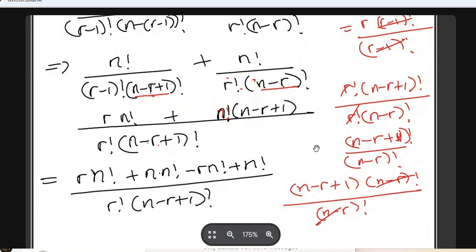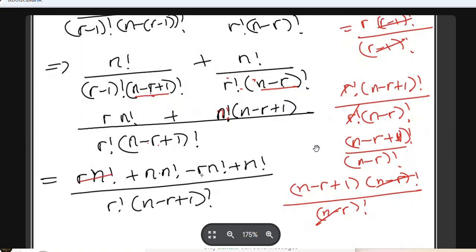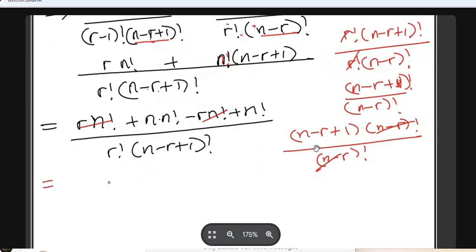As you can see now here, this cancels with that, right? Then you remain with n multiplied by n factorial, then plus n factorial. So you need to know and understand how the factorial behaves.